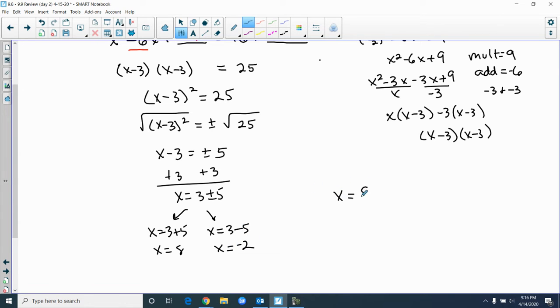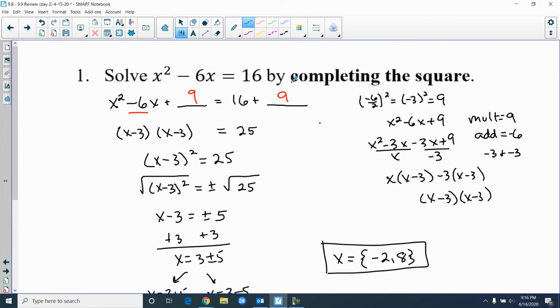Just don't make a careless error with your math. Use your calculator if you need to. But those are your two answers, -2 and 8 for number 1. Okay, that is completing the square.